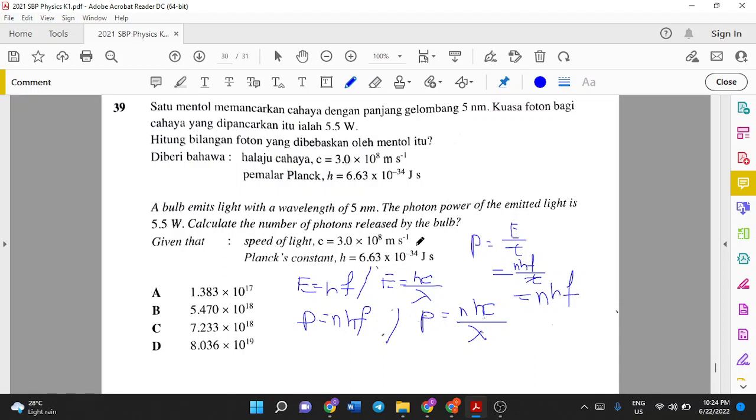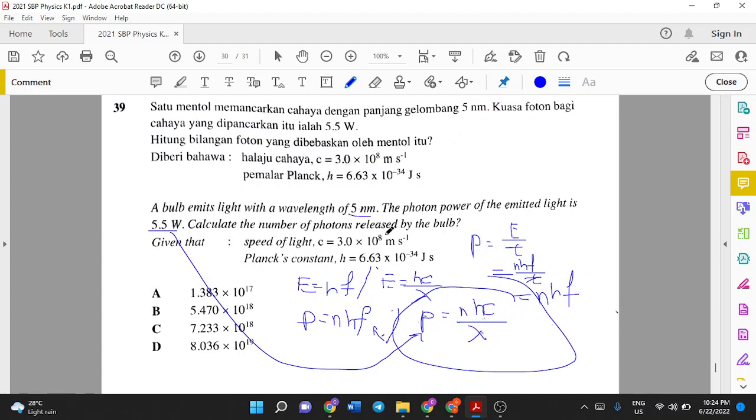Because this question doesn't give you the frequency, we use this equation. P equals n, h is Planck's constant, c is the speed of light, and lambda is 5 nanometer, which you need to convert into meter: 5 times 10 power negative 9. If it is micrometer, it will be times 10 power negative 6.